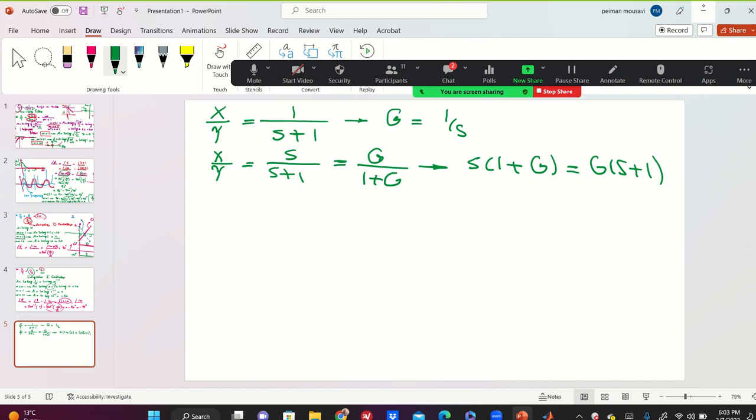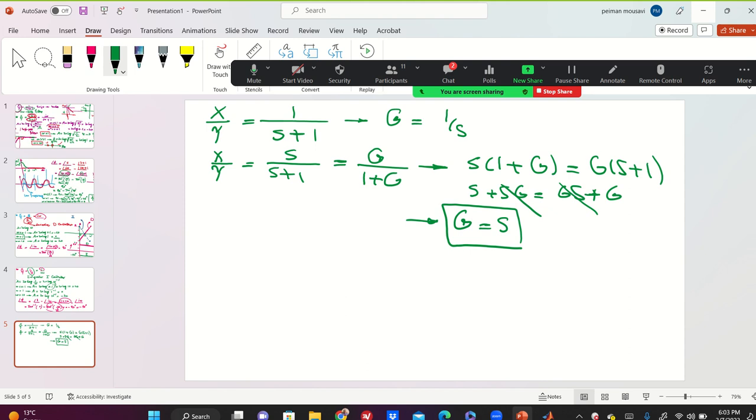That's right. So S plus SG is going to be GS plus G. Right? Yes, guys? So SG, SG. So your open loop transfer function is going to be S. See what I'm saying?